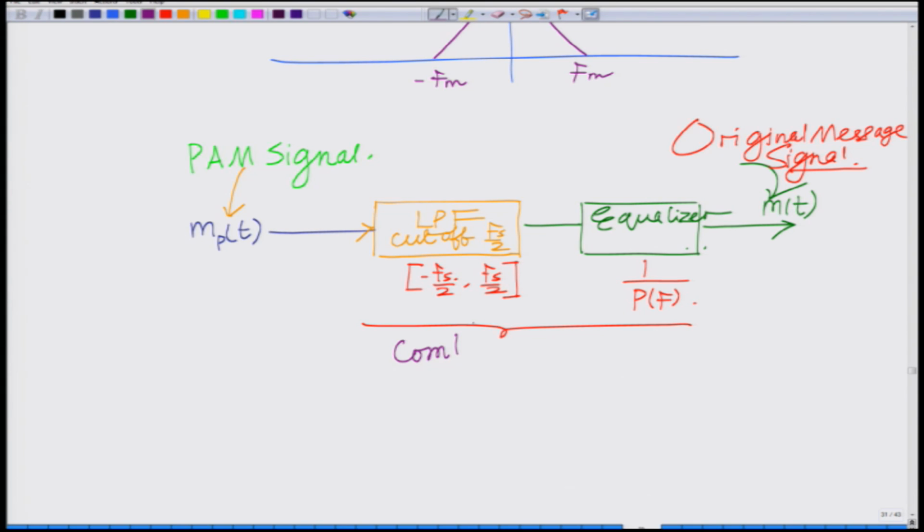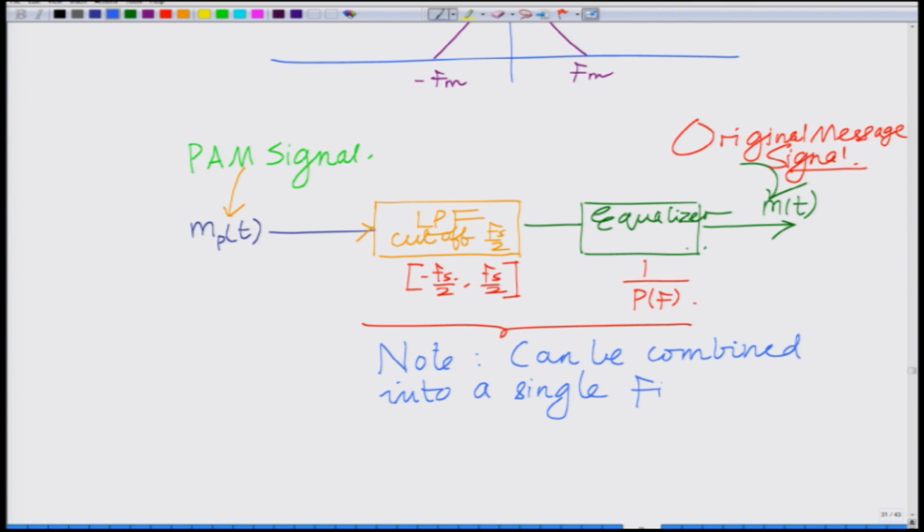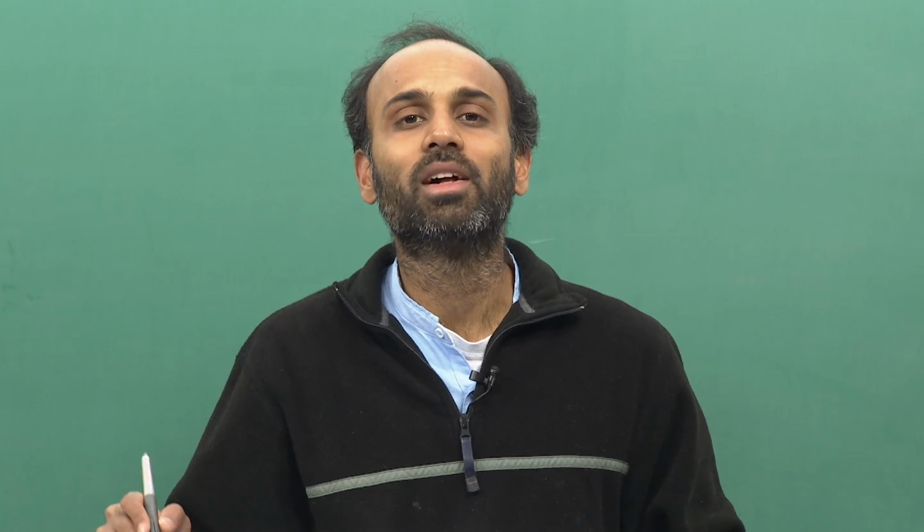We can also note that these can be combined into a single filter. Alright, and then one can reconstruct the original signal M of T from the pulse amplitude modulated signal MP of T.